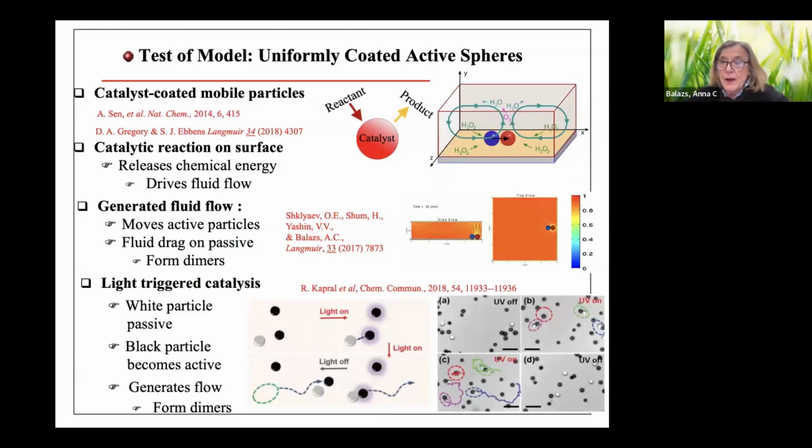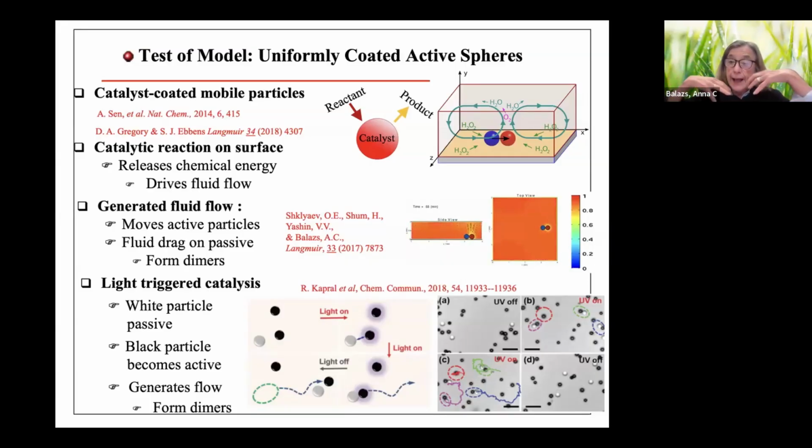All right, so I have to prove to you that this model has some validity. Not only can it be applied to sheets, but obviously, you can break the sheets down into little particles. And so we've used it to look at particles. This is a scenario where we looked at a particle that's completely coated by catalyst, by enzyme, and we give it the reactant and the product, so that the red one is active.